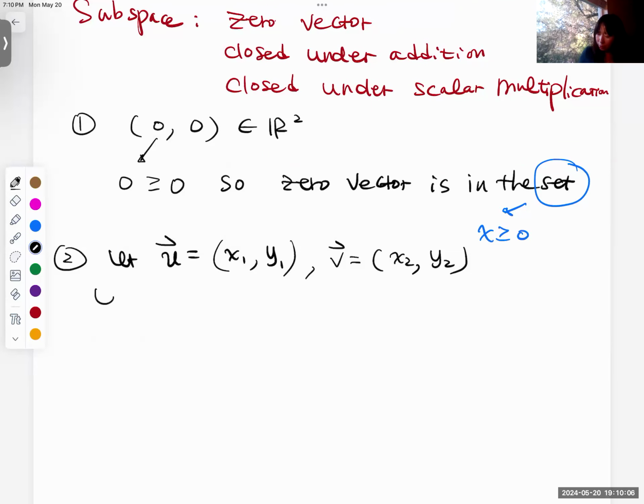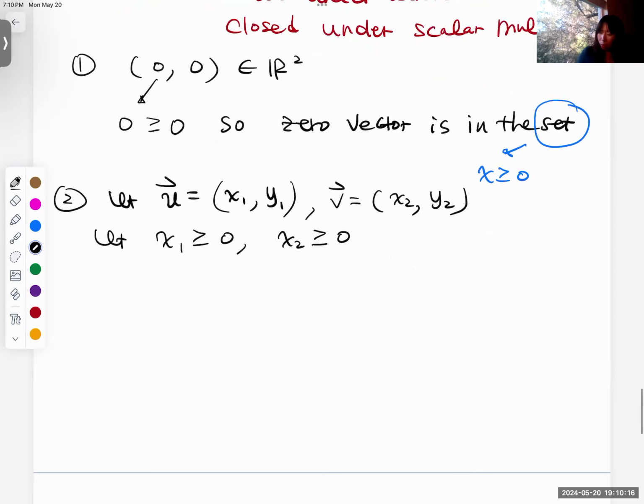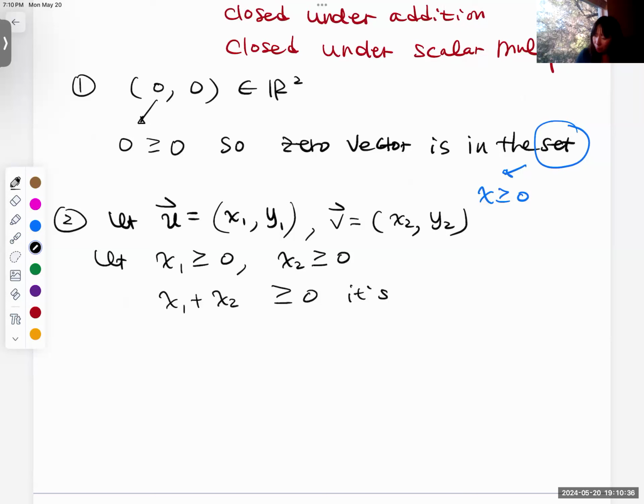And we know for the set x sub 1 greater or equal to 0, and x sub 2 greater or equal to 0. So x sub 1 plus x sub 2, since this is greater or equal to 0, and this is also greater or equal to 0, right? We add together also greater or equal to 0. So we say that it's closed under addition.